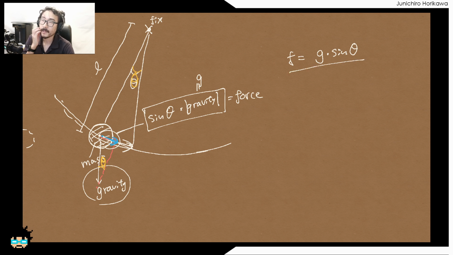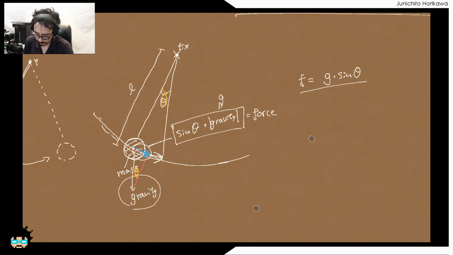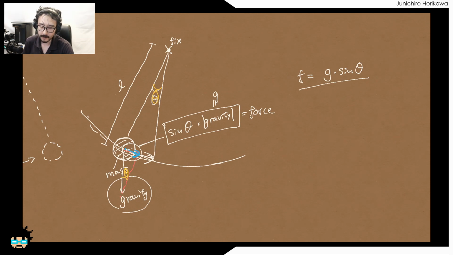Okay? Now we could also consider the mass of the object as well, which we have right here. So the heavier the object is, the faster the object moves. So we can also multiply the mass to this calculation or equation.